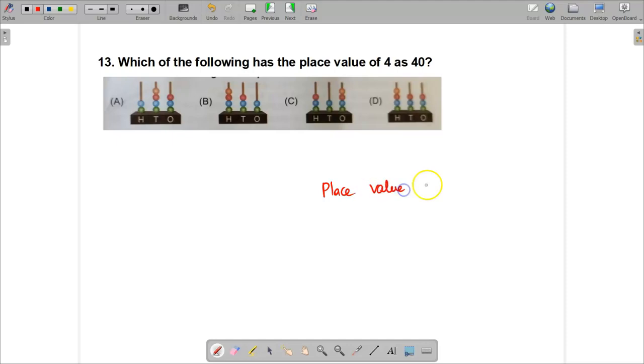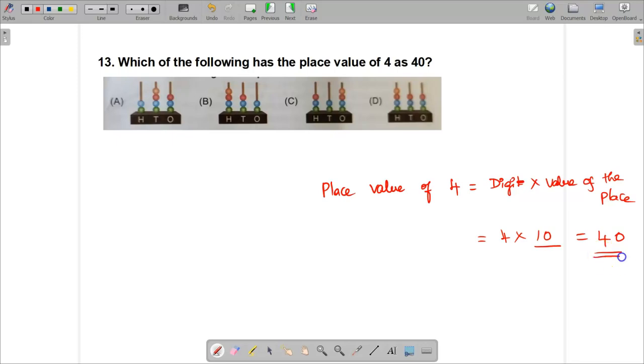The place value of a particular digit: here they are asking for 4, so we take the digit and multiply it by the value of the place where it is located. The place value of 4 is 40, so what value do we multiply 4 by to get 40? It is 10, because 4 into 10 is 40.